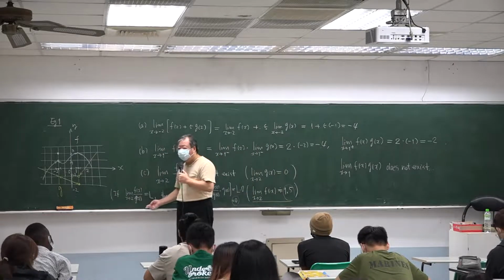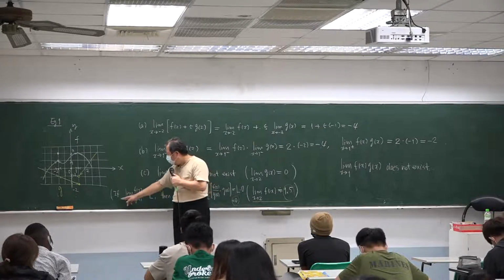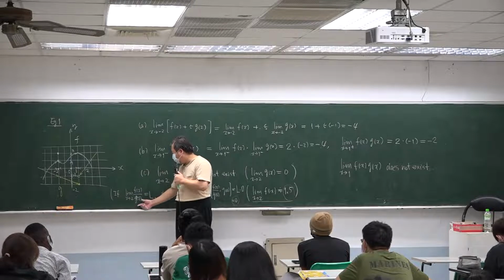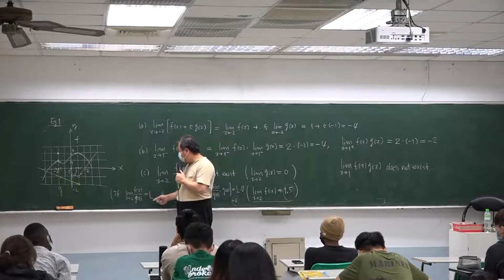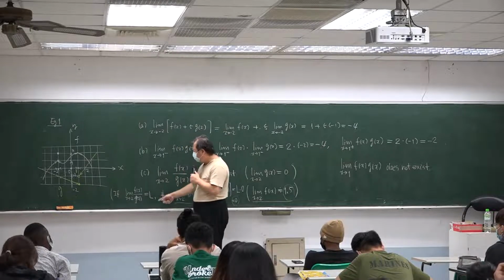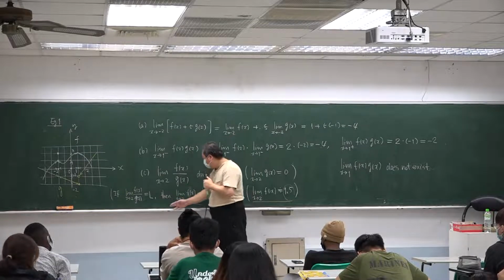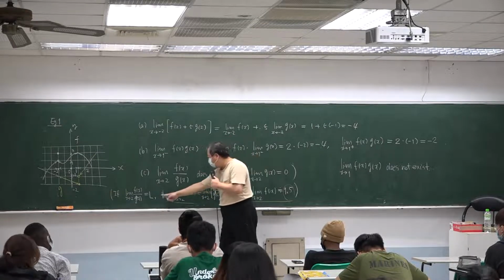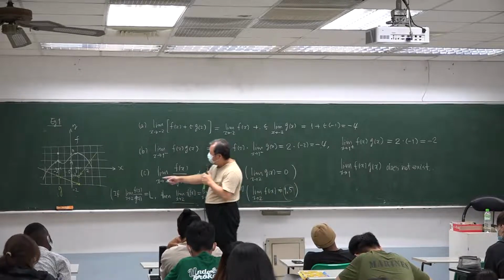Explanation here. Suppose, on the contrary, it exists means that this one equals some real number, L, say. Call it L. Then this limit exists, and this limit also exists here.